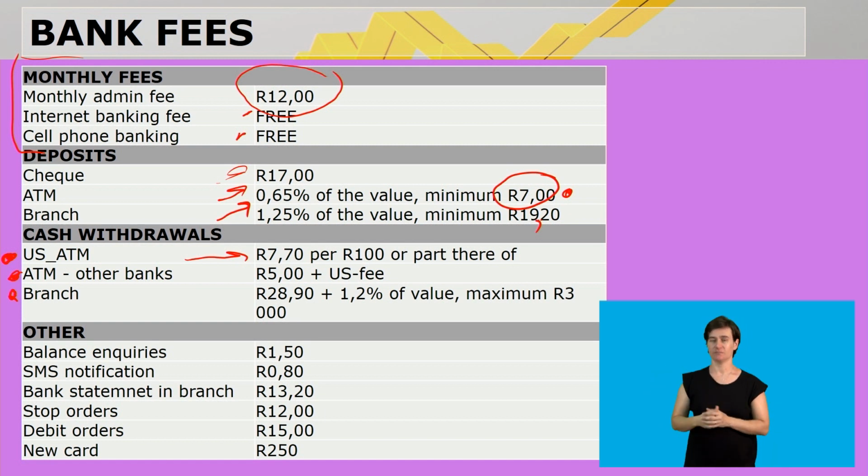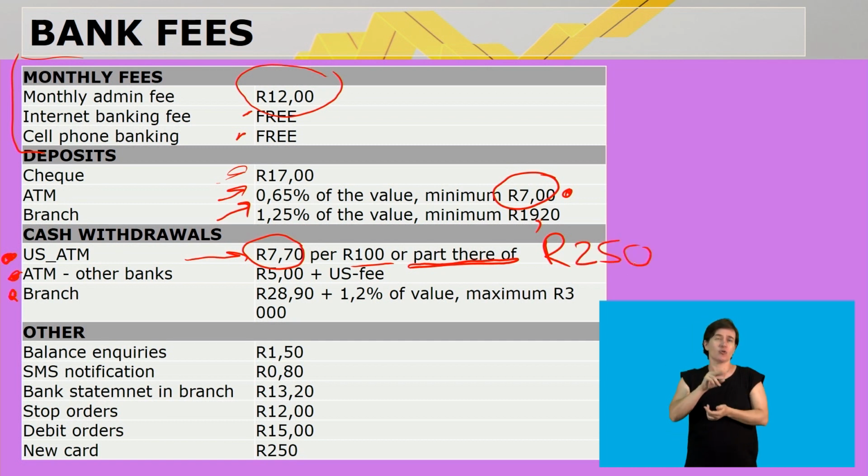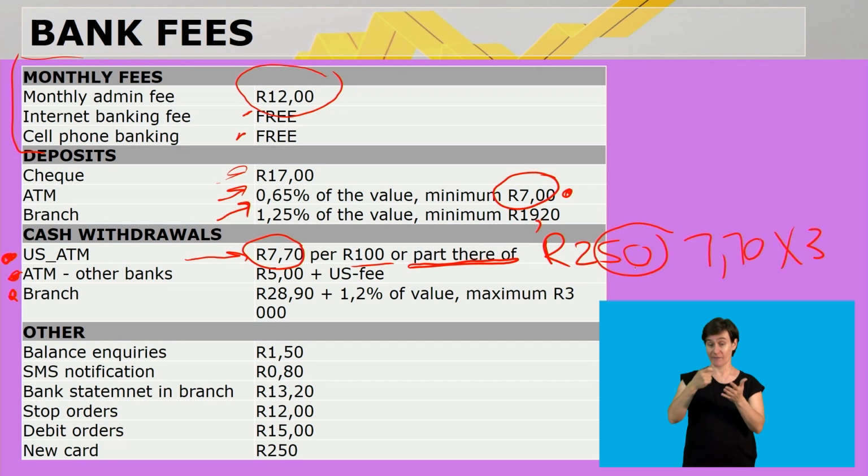So with Us ATM, you can see it's 7.70 Rand per 100 Rand or part thereof. That part thereof means if you withdraw 250 Rand, you are going to pay 7.70 Rand times 3, because that 50 is part of the next 100. So you round to 100 and then calculate how many hundreds.